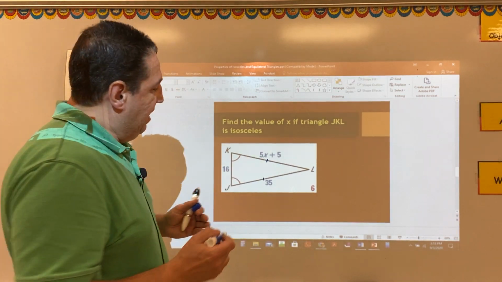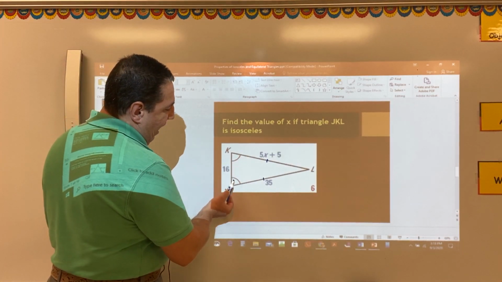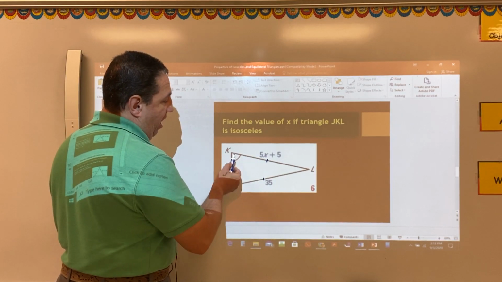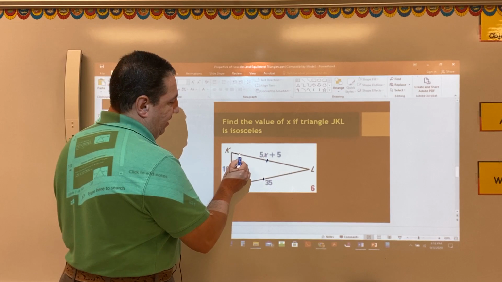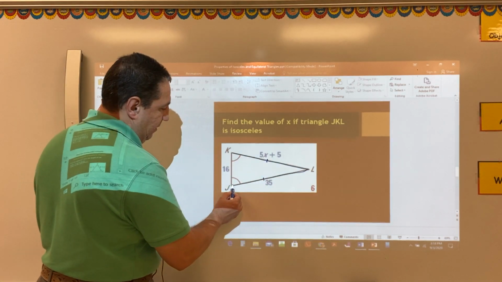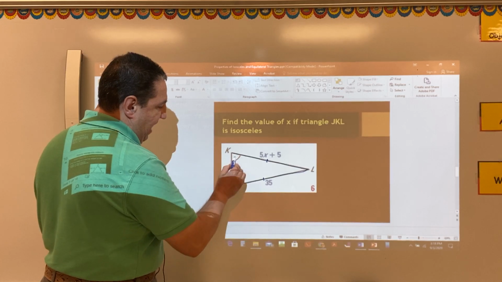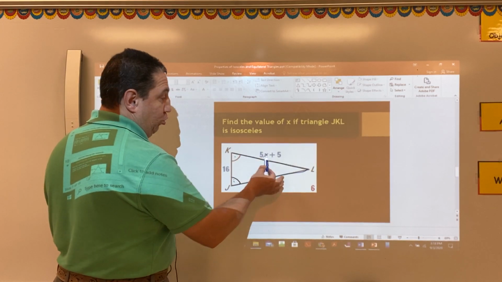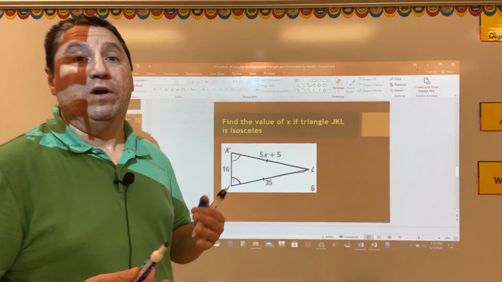How do we know? We know because these two angles are base angles. Why? Because both are located at the end of these two sides. So we know these two sides are congruent or equal.